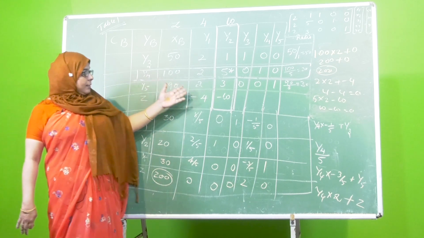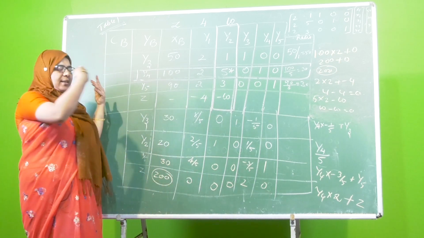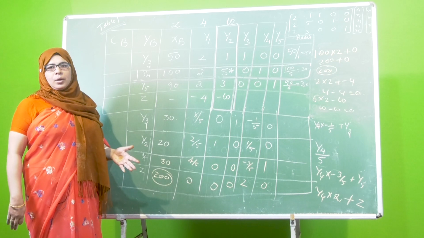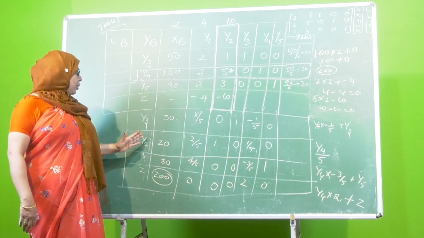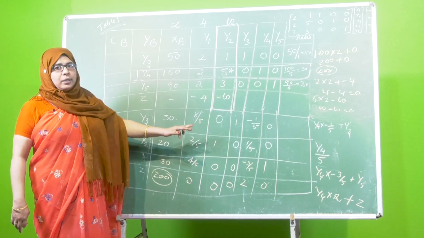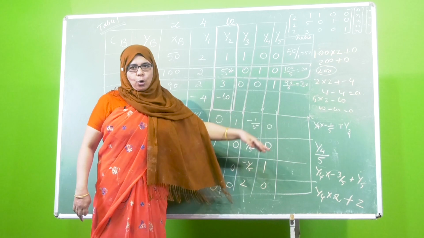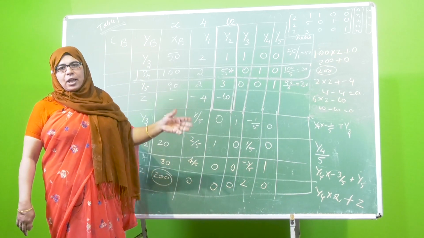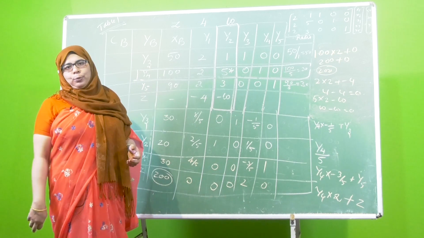Sometimes the minus values occur in the Z value. We have to proceed in the same way. You have to choose the column and then XB value divided by the chosen column. So we are getting the ratio. That ratio, we have to select the minimum positive.